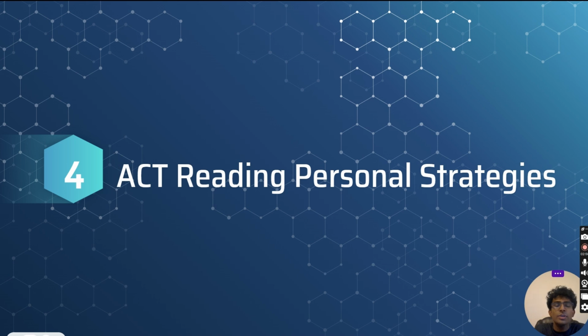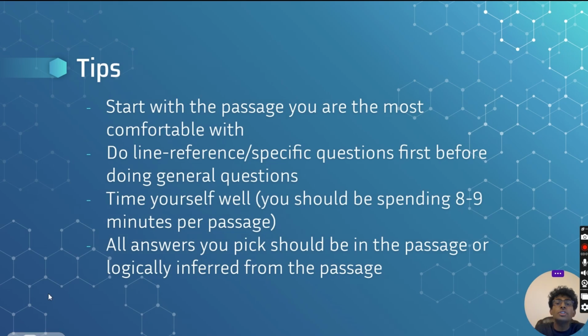All right, so here's some personal strategies that I have before we wrap up. Start with the passage you're the most comfortable with. Everybody differs. For me, I feel like I understand science passages a lot more than fiction, which is why I've been talking about doing science stuff first. Plus, in my opinion, I feel like the organization is just a little bit better.